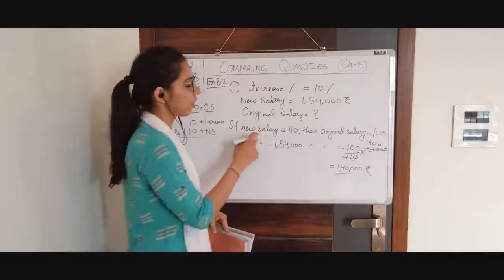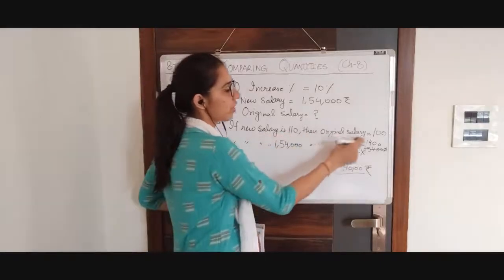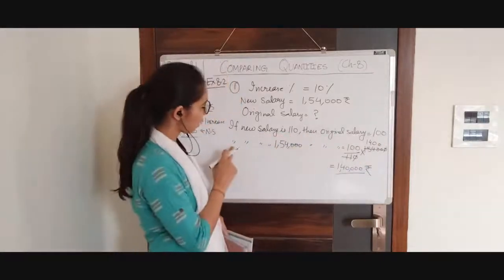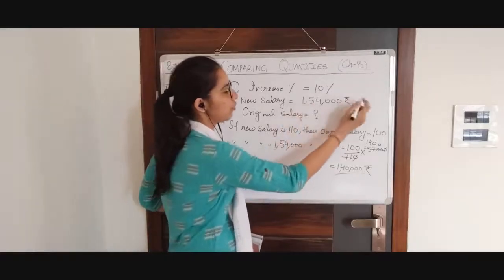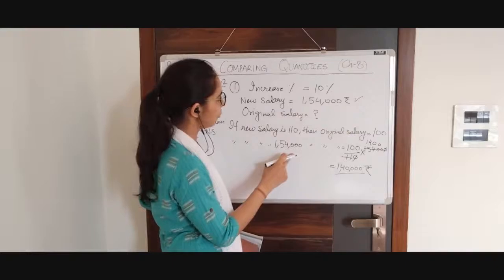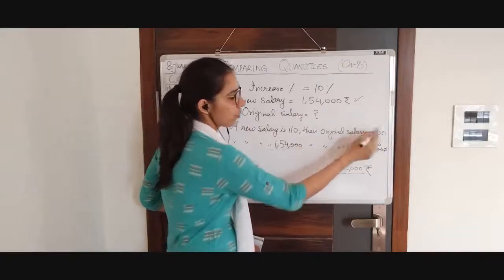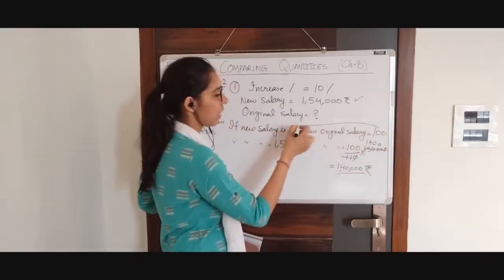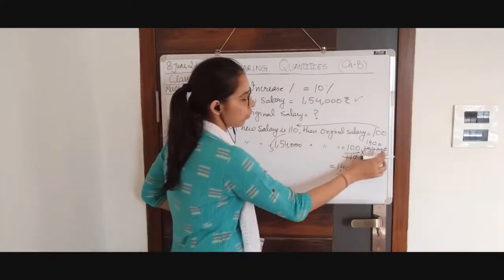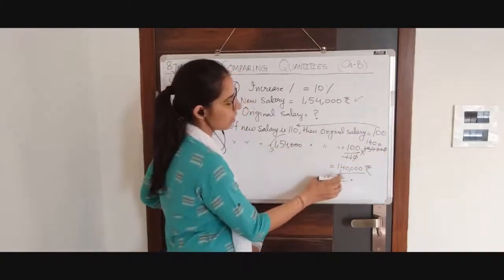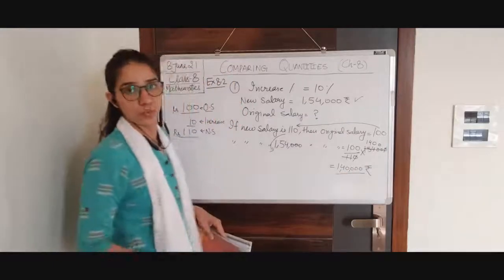So we can write, if your salary is 110, then your original salary was 100. So if your new salary is 1,54,000, then your original salary will be 100 divided by 110 multiplication with 154000, it will be 1,40,000 rupees.